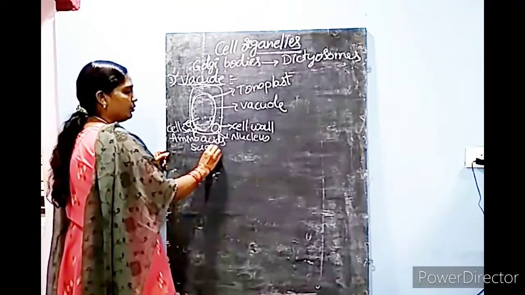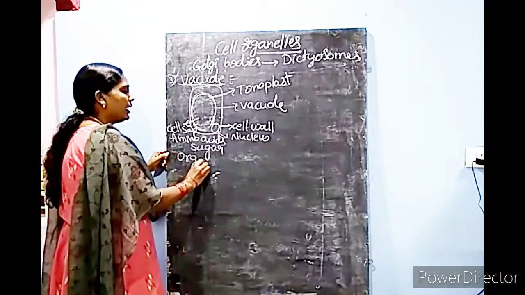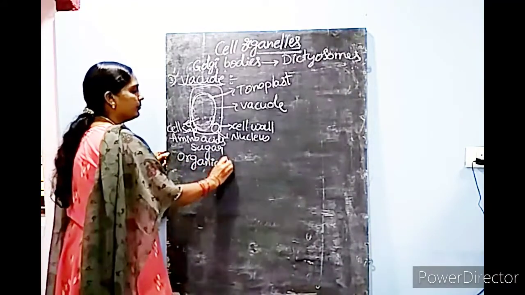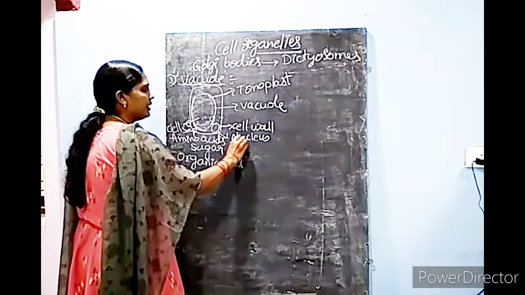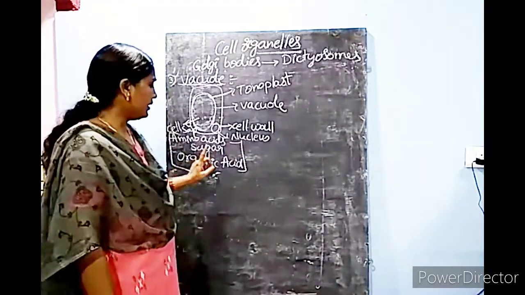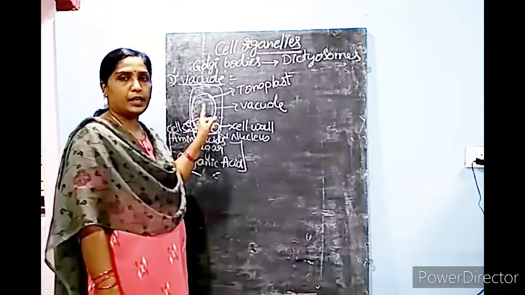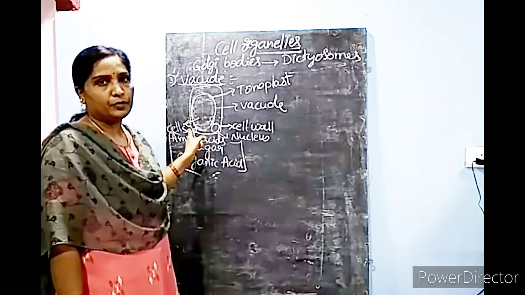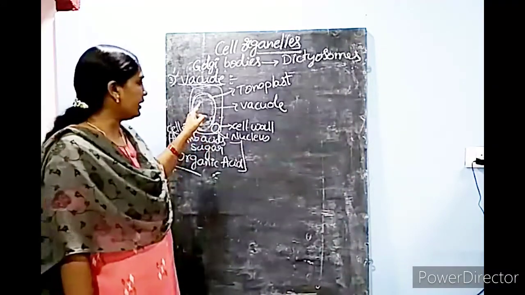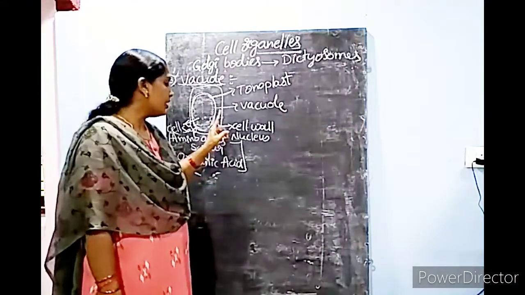It can also store sugars, and it can also store some organic acids. So amino acids, sugars and organic acids can be stored with the help of cell sap. Where is this cell sap present? Inside the vacuole.